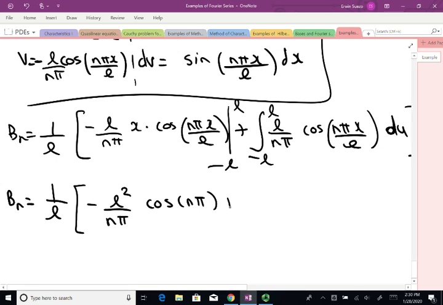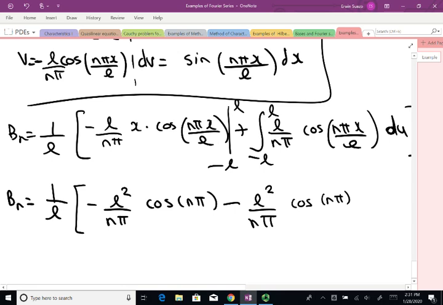Then plus, I plug in minus L, I got minus L squared over n pi, and then cosine n pi, because cosine is even, so this minus goes away.